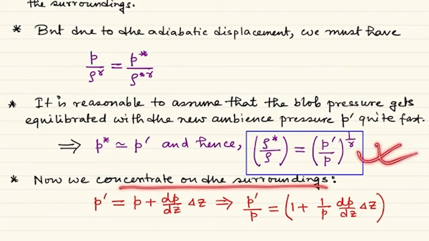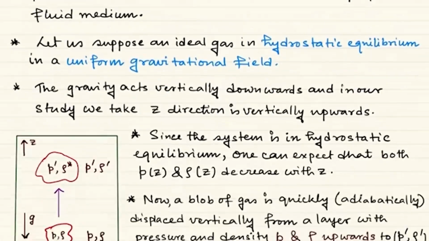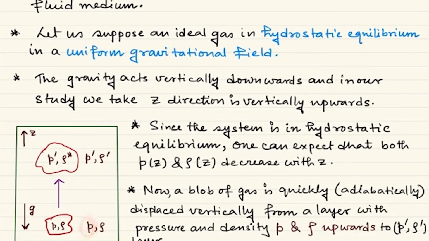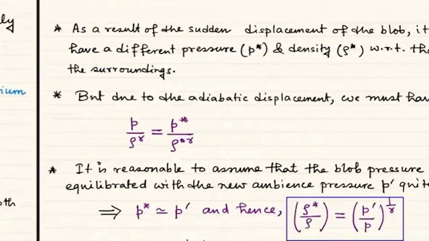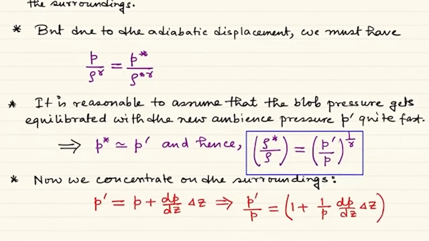So that was the story for the blob. Now what happens for the surroundings? Starting from this level, one can go vertically upward and reach another pressure P prime. If we suppose that we have displaced the blob by a very small amount, then P prime can be written as a Taylor expansion just up to the first order: P plus dP dz times delta z.